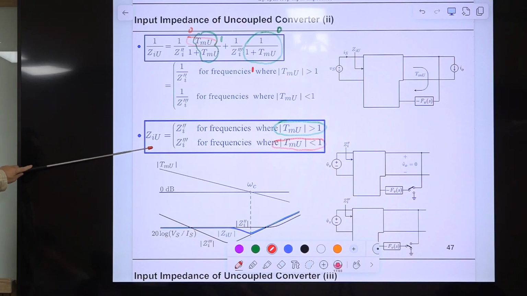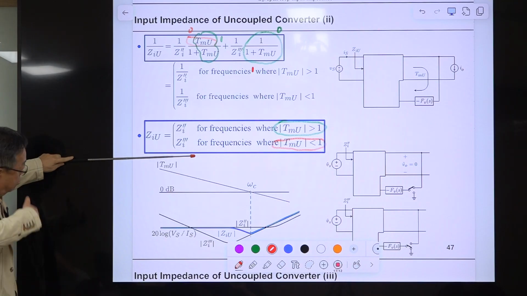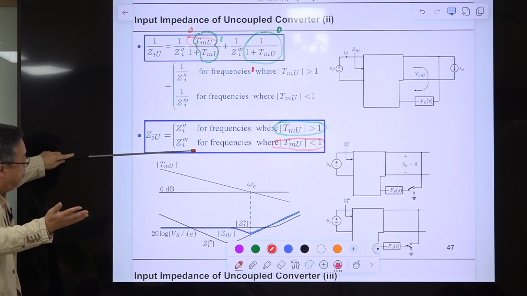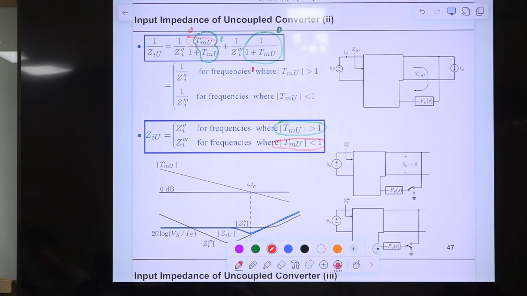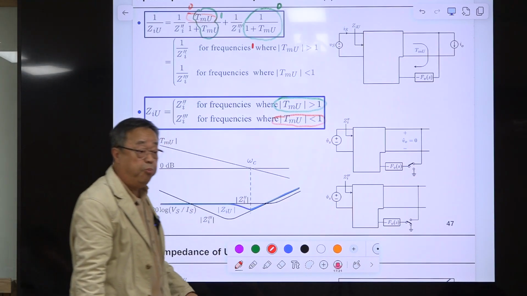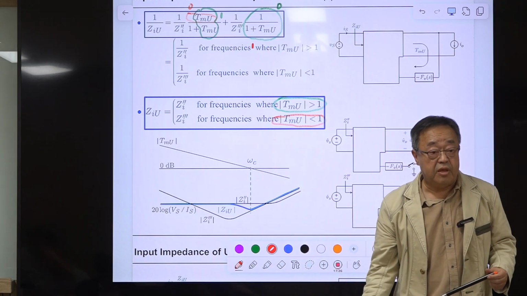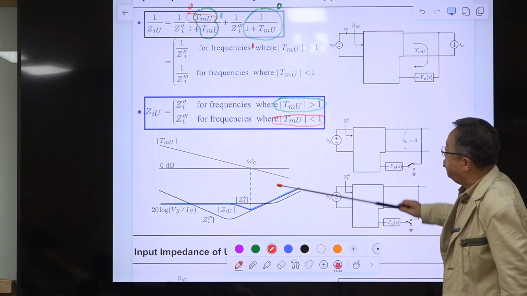The input impedance of the uncoupled converter is GI double prime at low frequencies, and after the loop gain crossover frequency of the uncoupled converter, it follows GI triple prime, which is the open loop input impedance. And you can prove this later.